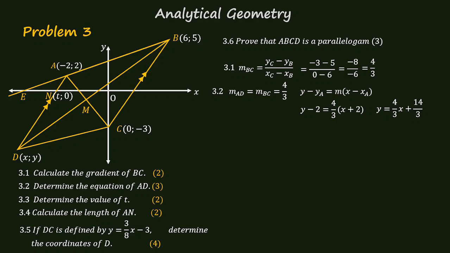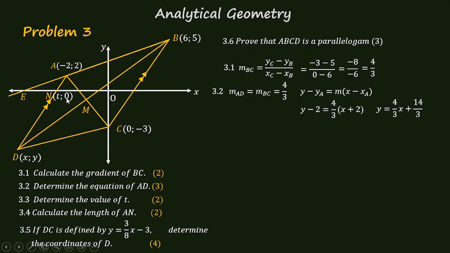3.3, we are required to calculate the value of t. How do we find the value of t? T is in the point N, which lies on the straight line AD.